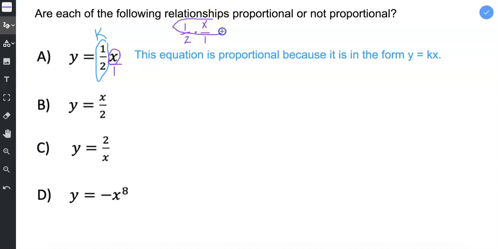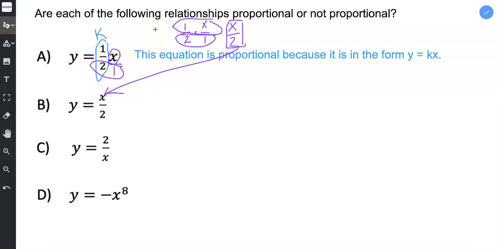And then you would multiply the numerators and you get x, multiply the denominators, right? And you would get 2. So we would get x over 2. So 1/2 times x is the same thing as x over 2. It just looks different. Like 1/2 times x looks different than x divided by 2.